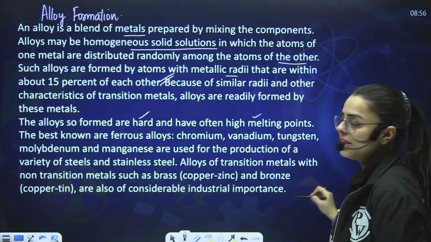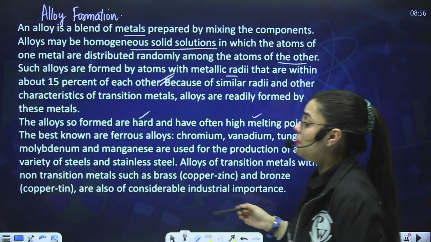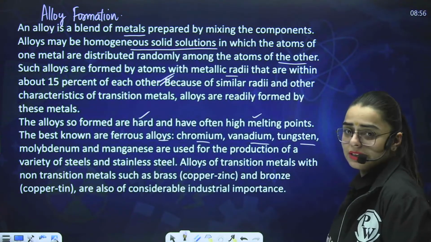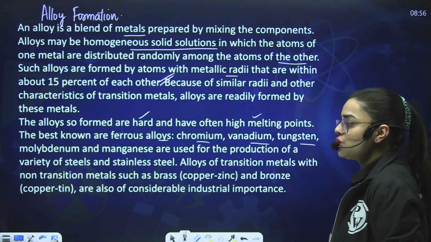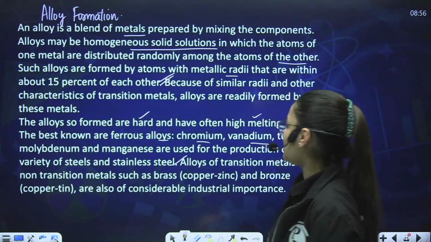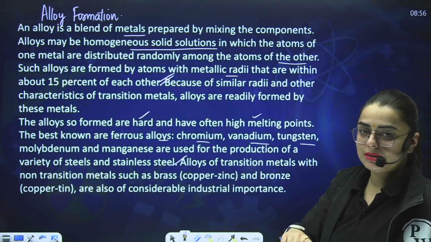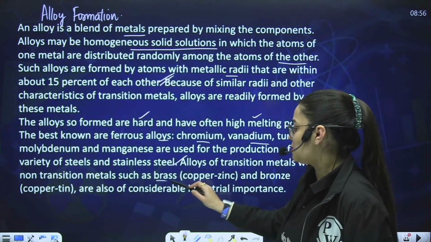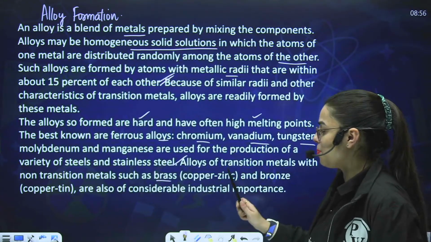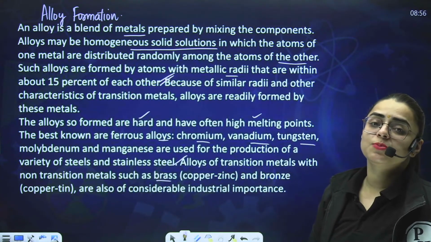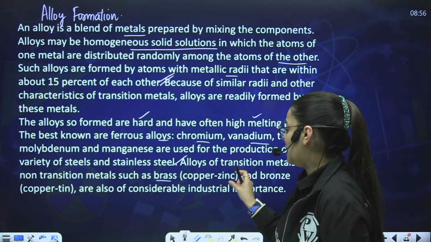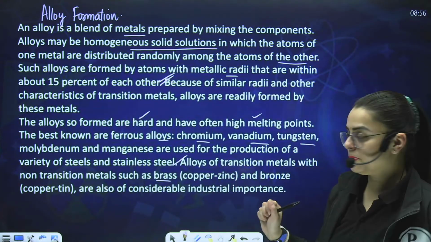Now they have given you some examples which you should know, right? The best known are ferrous alloys. Chromium, vanadium, tungsten, molybdenum and manganese are used for the production of a variety of steels and stainless steel. Now see this one, alloys of transition elements with non-transition metals such as brass. Brass is an alloy formed from copper and zinc, where copper is present in about 80 to 90% and zinc is present to 20 to 30%, right?